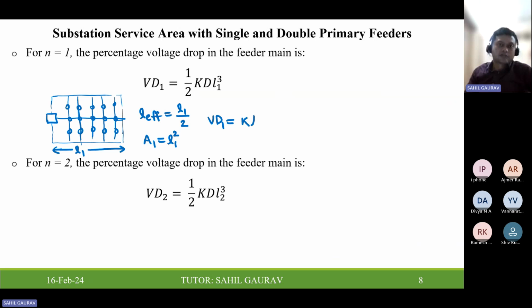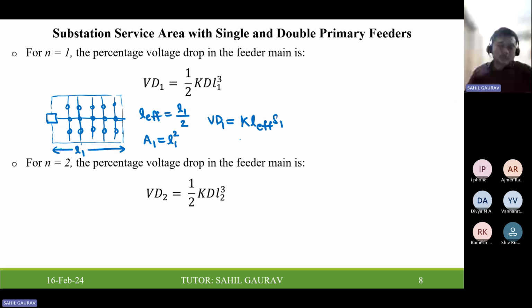Voltage drop will come as K into L effective into S1, the power coming out from this primary feeder.